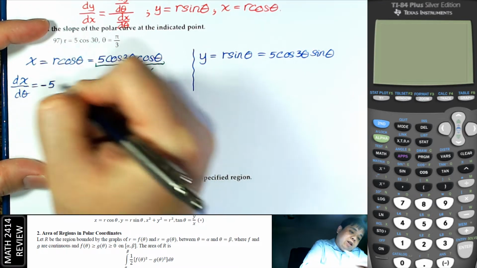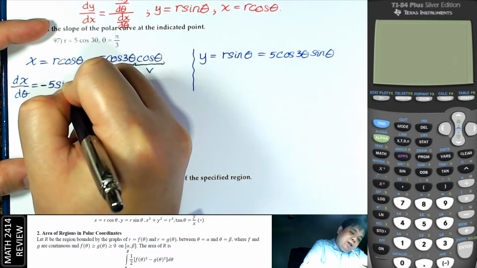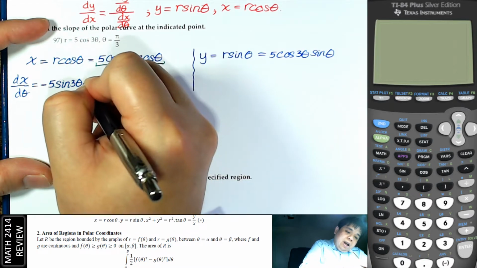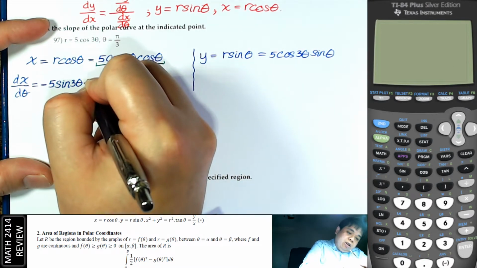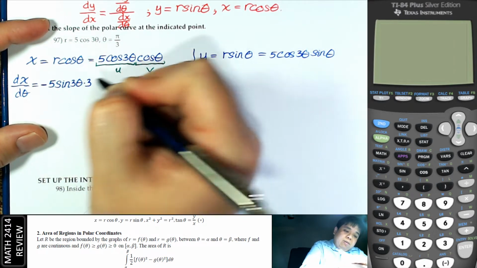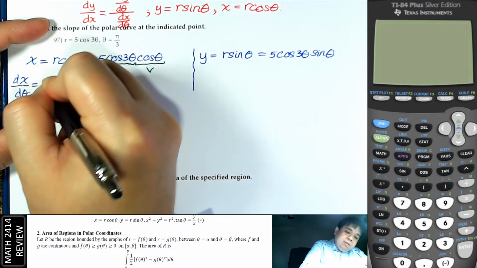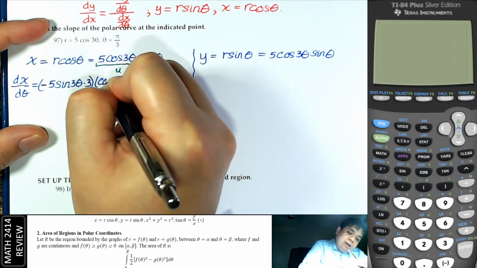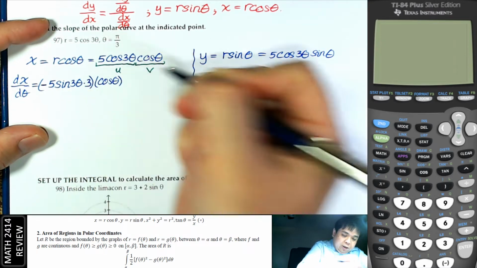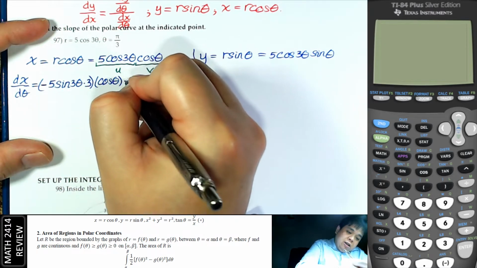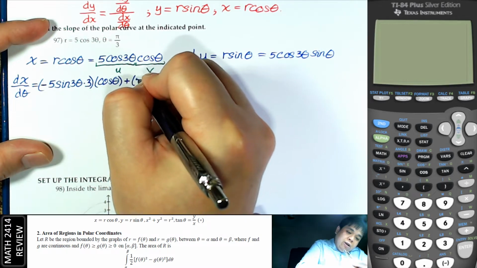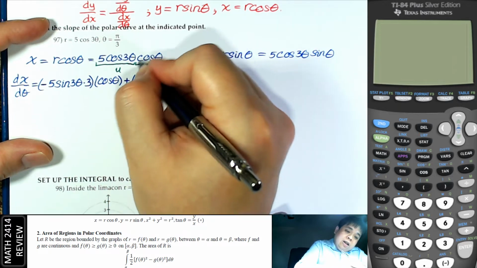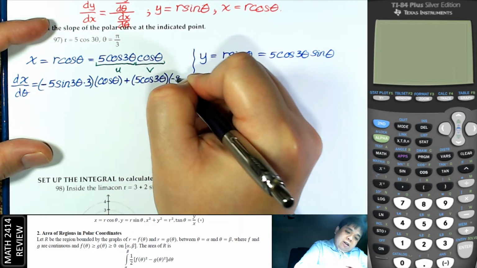Now I'm just going to say 5 sine 3 theta, and then times the derivative of 3 theta, which is 3. So that is u prime times v, and then plus u v prime, 5 cosine 3 theta. The derivative of cosine is negative sine.